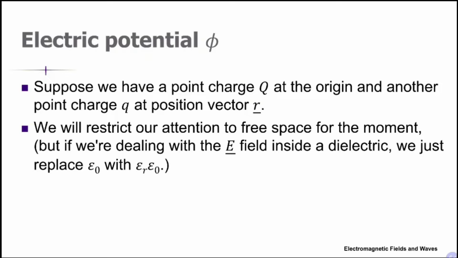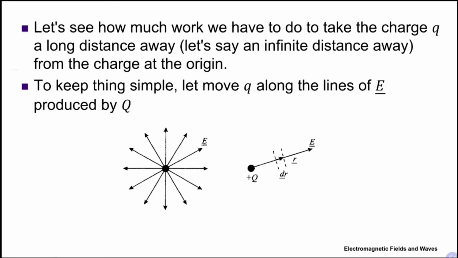We're going to look at what electric potential is. So let's see how much work we have to do to move the charge q a distance away. Let's say this is my charge Q at the origin.